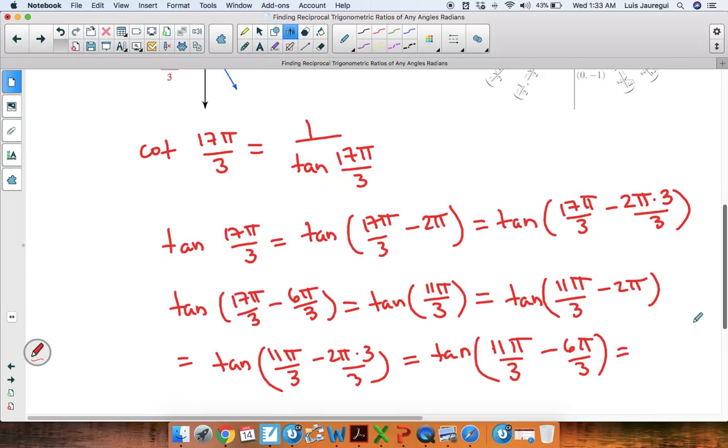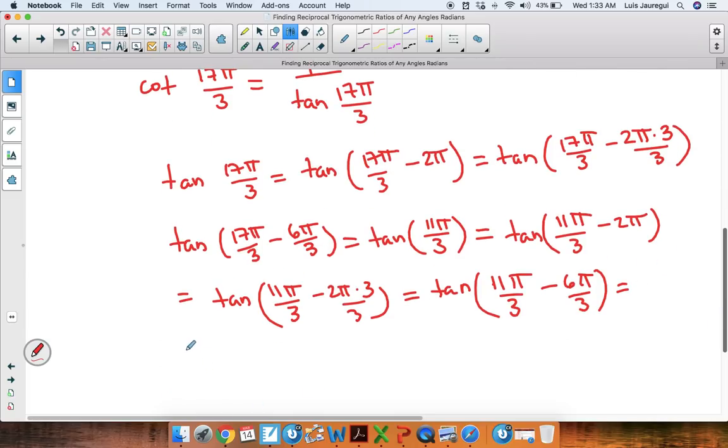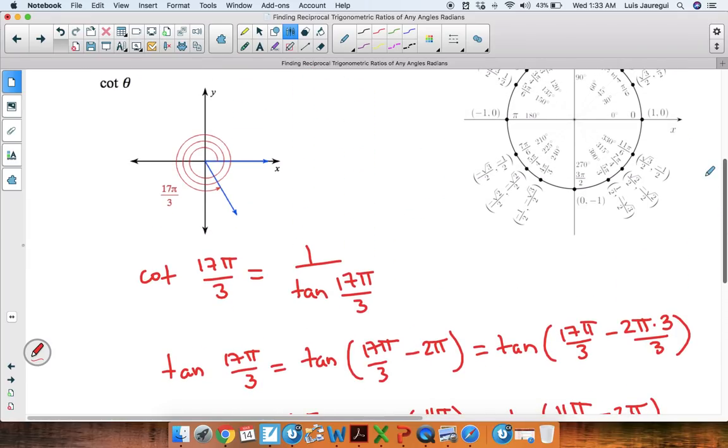Now this is equal to tangent of 5 pi over 3. Now paying close attention here, we can actually see that this is an angle on the unit circle. Okay, so 5 pi over 3. Here we have our values there.